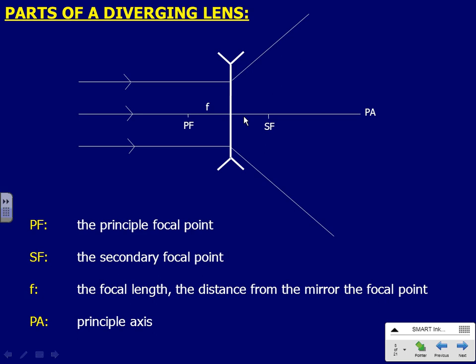Yeah. You bet. It bends away as if it came from the PF, and that's why the PF is on the front side. Okay? Notice I used a dashed line for that, because we expect light to go through.